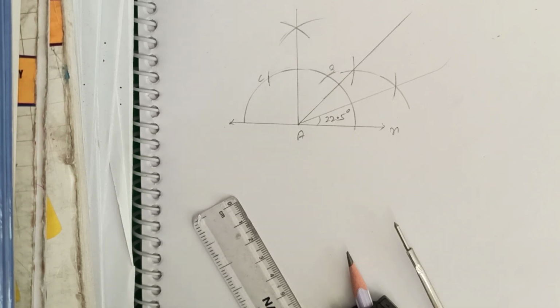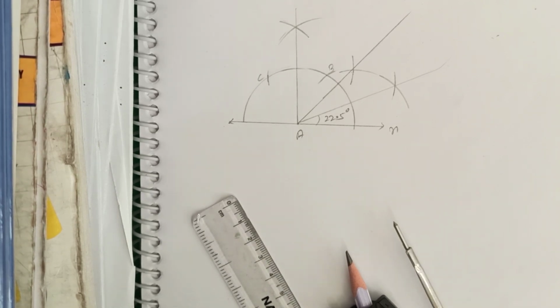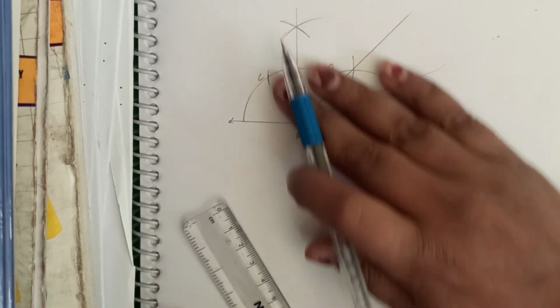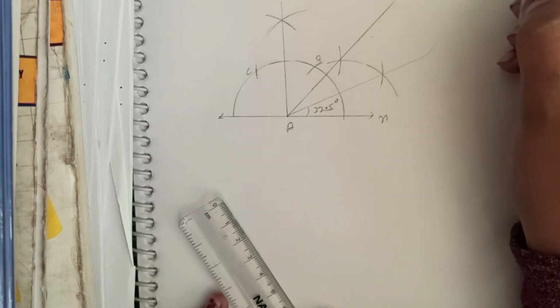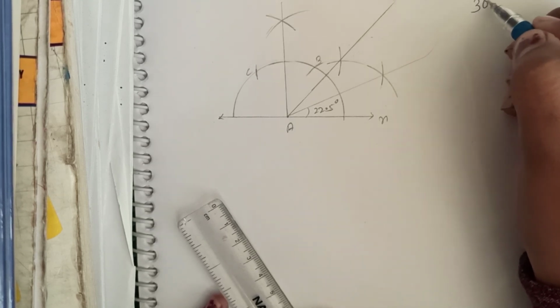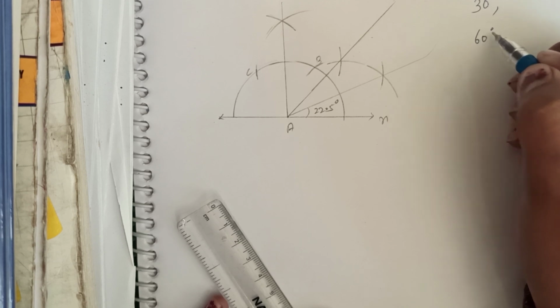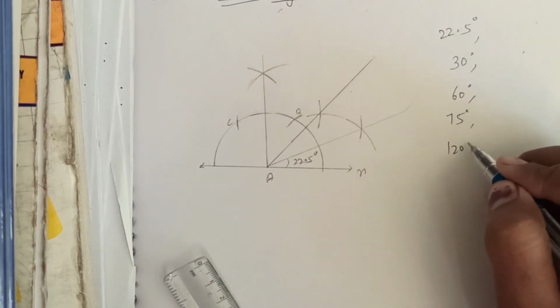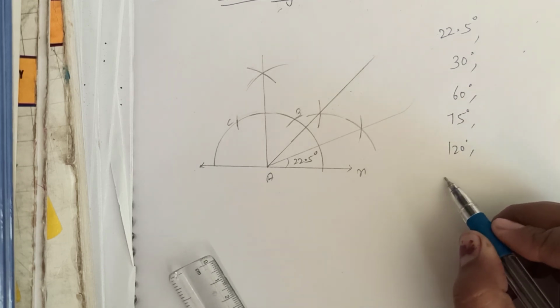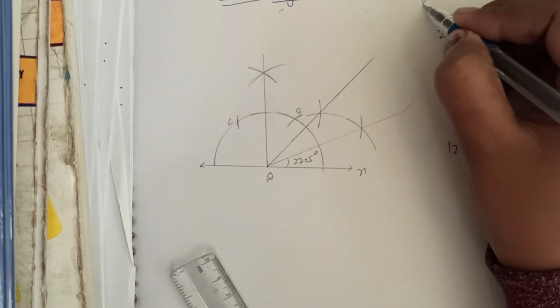Clear, bachche? So today your work is, in your notebook you will draw the angles 22.5 degree, 30, 60 degree, 75 degree, 120. These angles you will draw.